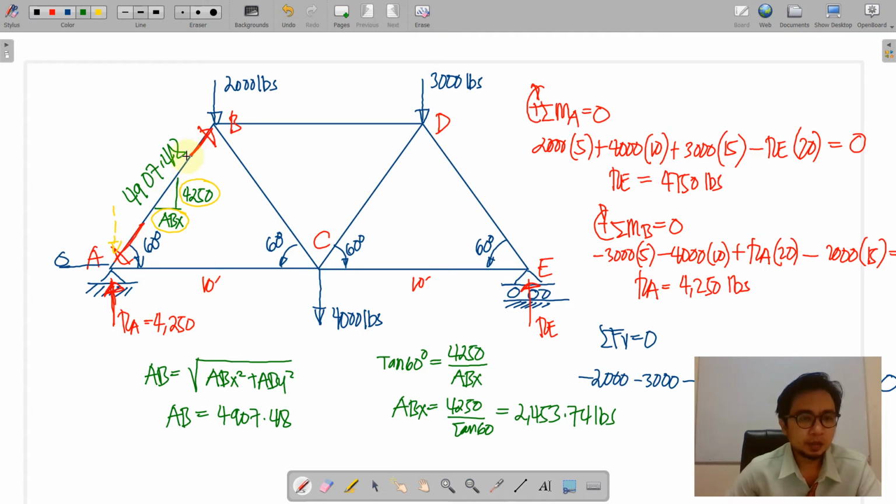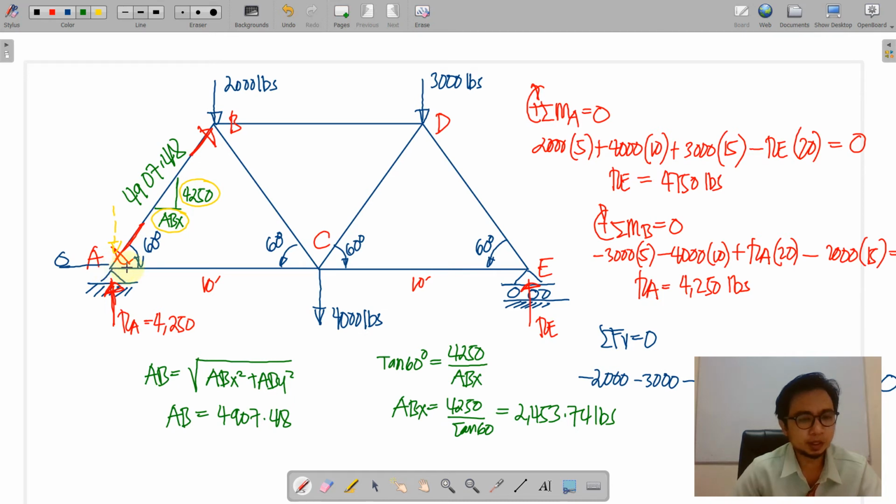We're going to place it here. So AB now here is 4,907.48 compression. And remember, at point A, we have just balanced the vertical axis, creating an imbalance in the horizontal axis at A. So we also need to balance the horizontal axis at A. As we can see in the diagonal force AB, looking at point A, AB is towards the left, okay?